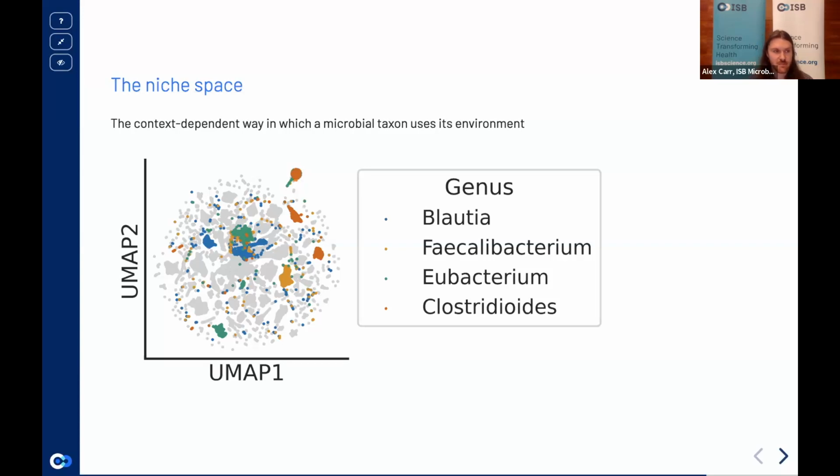In this particular example, I'm showing you a UMAP for individual genera across a large number of samples, around several thousand. What the UMAP is doing is taking really high dimensionality data of thousands of patients with thousands of genera that each have thousands of reactions, and compressing it down into this two-dimensional space, similar to PCA.